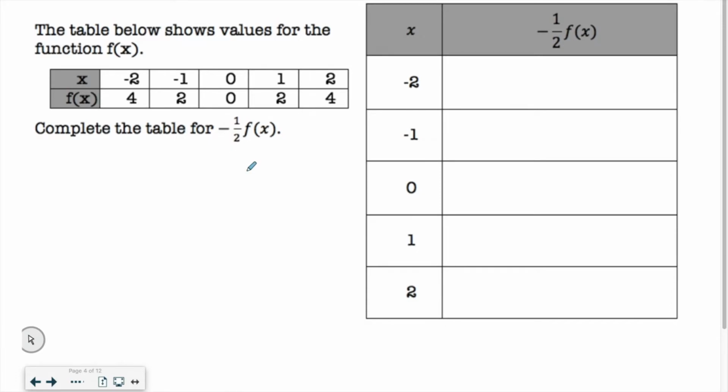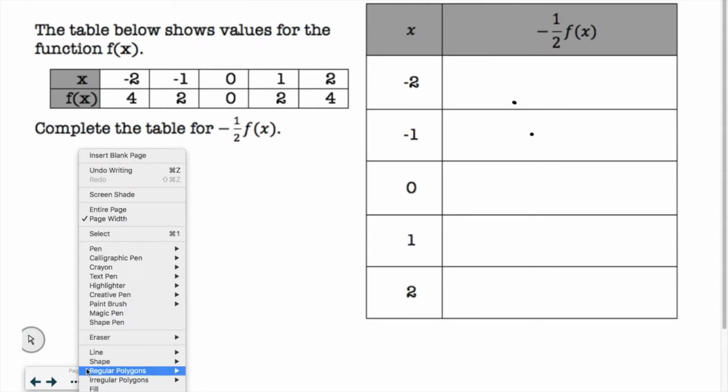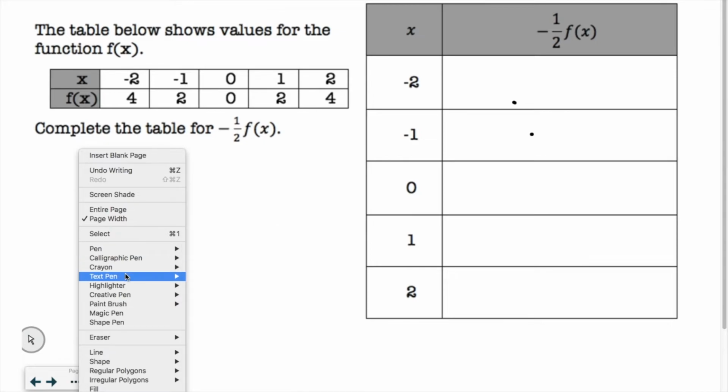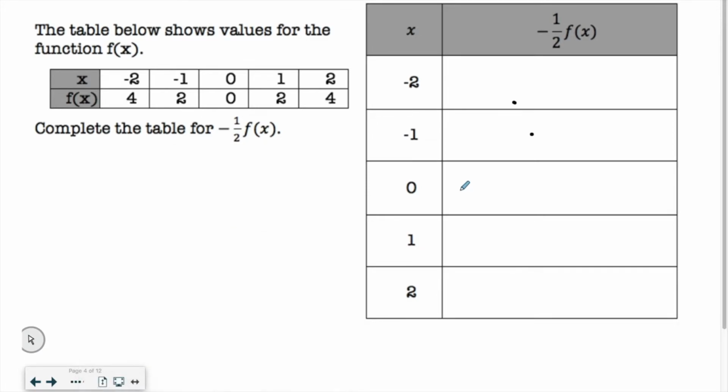So let me see if my little marker will work. Okay, we're up here. All right, so if we take negative 1/2, I don't know if it'll let me write. I want to do some text, insert text. Okay, perfect. All right, so when x is negative 2, y was 4.